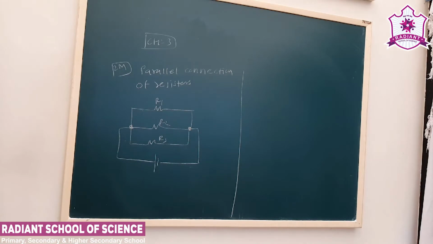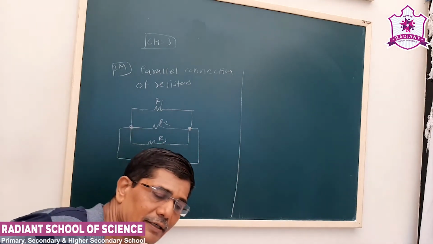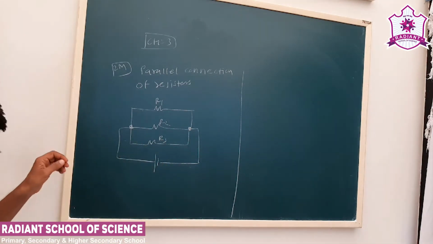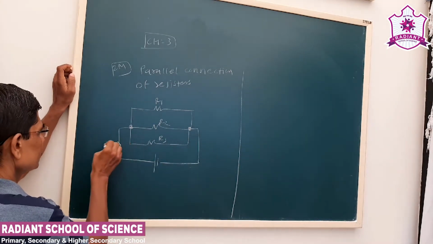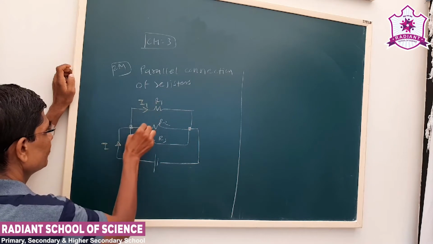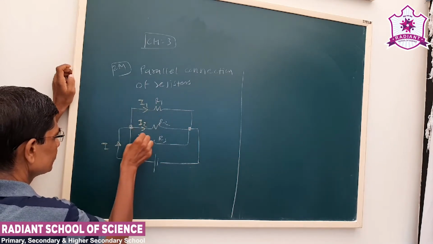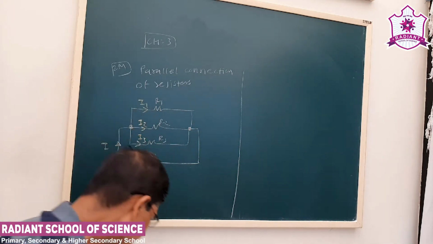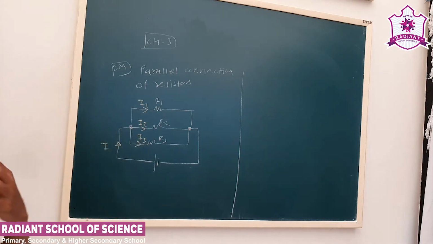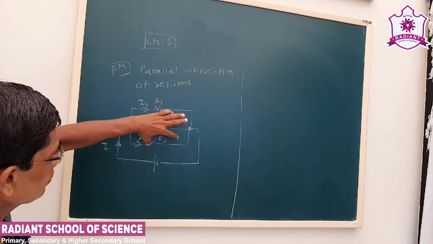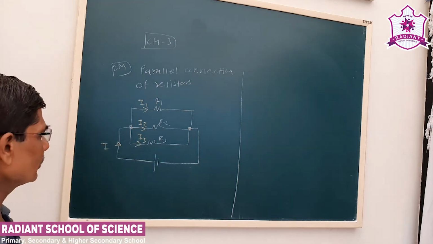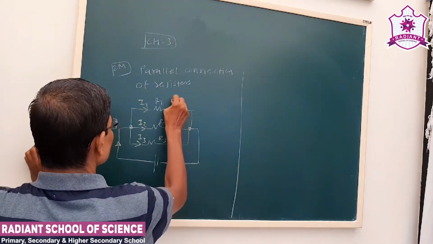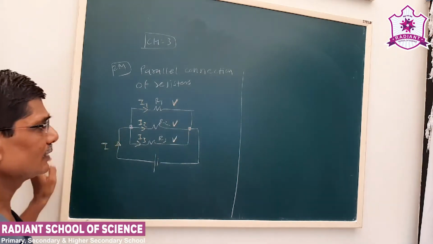Okay, now see, this is how the resistances are connected in parallel. Okay, now in parallel connection of the resistors, see the current will be divided. Okay, but suppose I measure potential difference here or here or here, that means between the ends of R1, R2 or R3 we get the same value. So here voltage will remain the same.